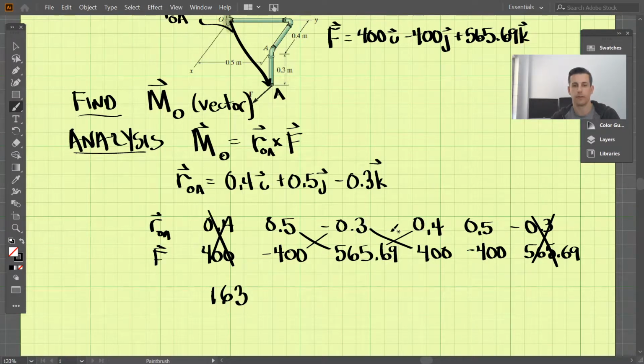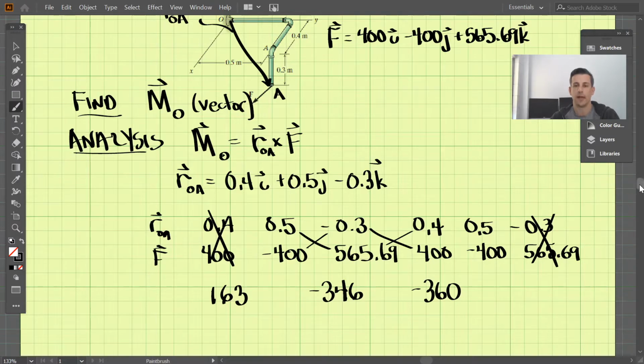Right, so this times this minus this times this. And for that we get negative 346. And then for our last one, we perform 0.4 times negative 400 minus 400 times 0.5. Okay, and if we do that, we get negative 360.